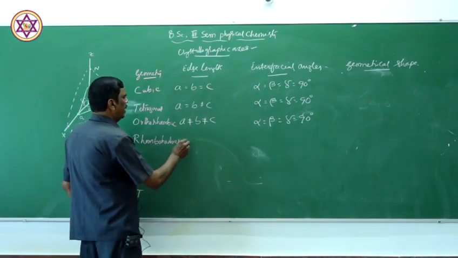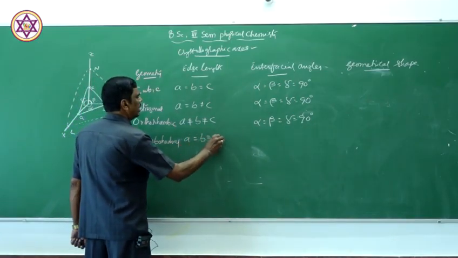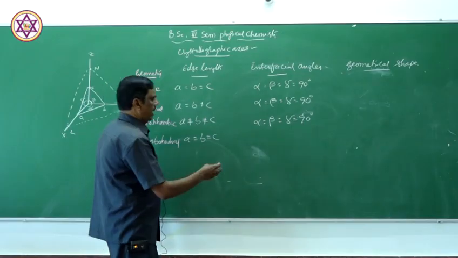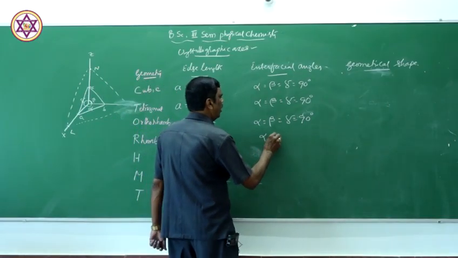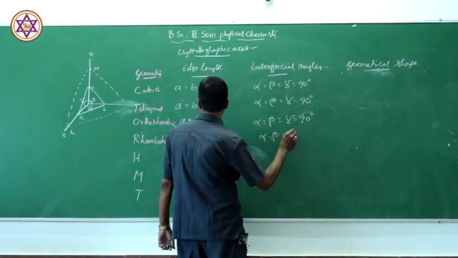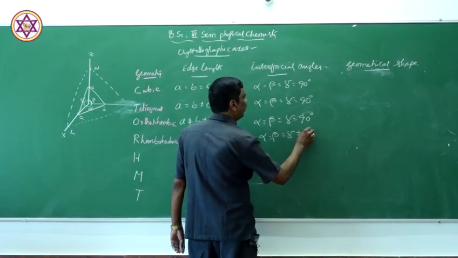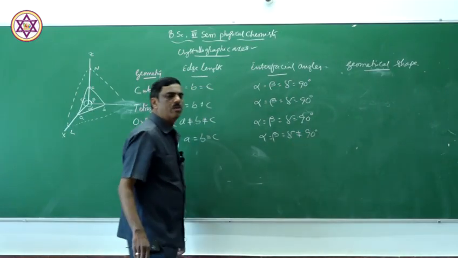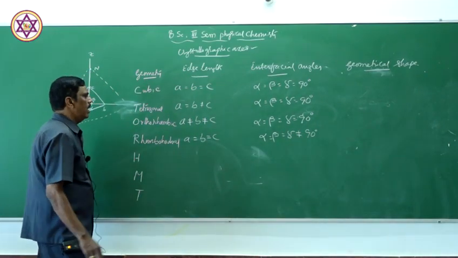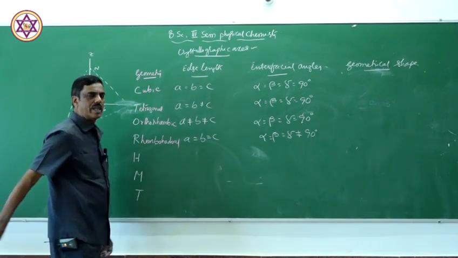In this geometry, again A is equal to B is equal to C, alpha is equal to beta is equal to gamma, not equal to 90 degrees. Very rhombohedral, but A is equal to B is equal to C, side lengths.